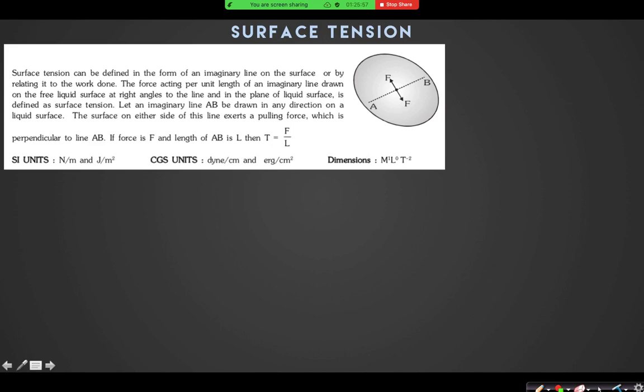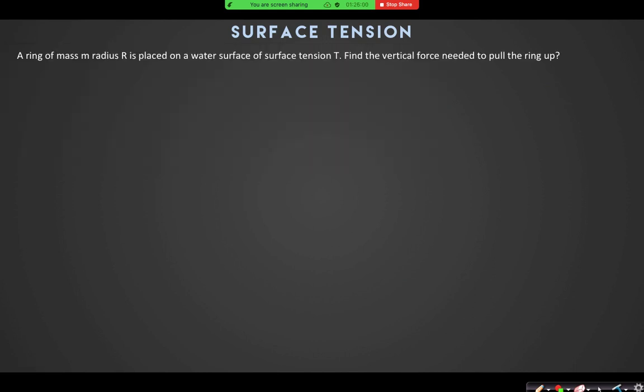Now the questions are not very tough. We can easily find them. First question says a ring of mass m and radius r is placed on the water surface. Find the vertical force needed to pull the ring up.